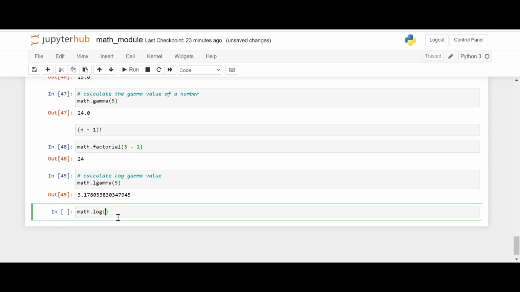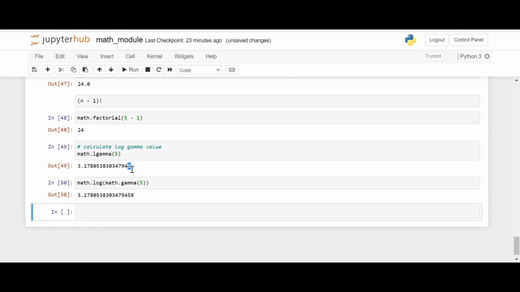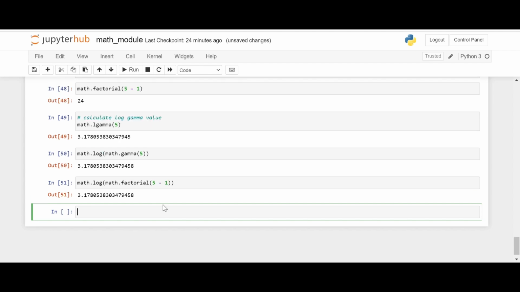So log will be outside, inside will be gamma. So it is the same value. Again, extra digit, it's not a matter of concern. This can be further divided into this, 5 minus 1. Same.